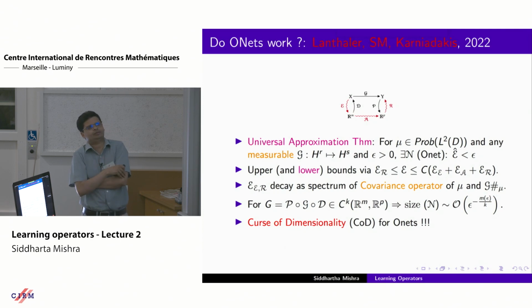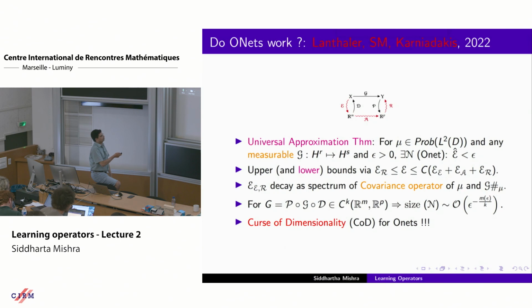It's a little bit like what you might see for reduced basis methods. And the second point is that the size of this object grows in the following manner. So to get an error of epsilon, the size of the DeepONet, there are different ways to measure it, but let's put them in the same bucket, grows in the following manner. So it's 1 over epsilon as usual. This k here is some form of smoothness, because you are projecting it into finite dimensions, so you can measure smoothness.